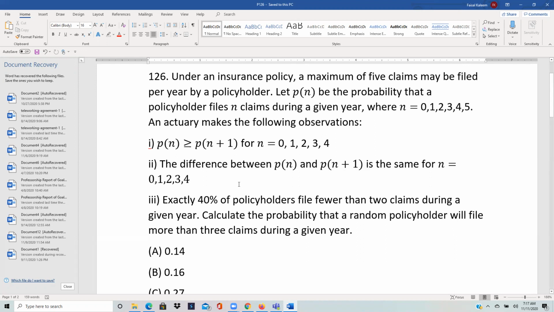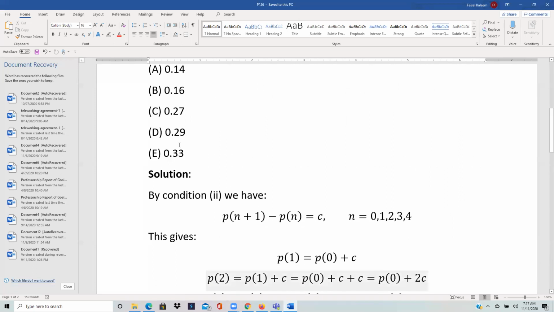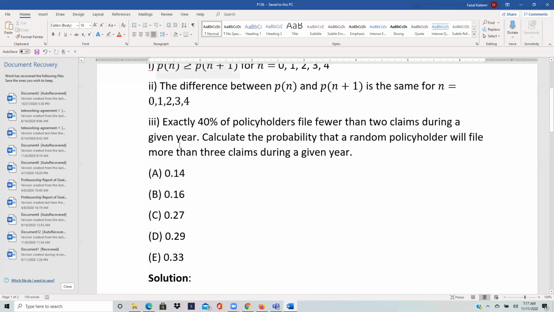Okay, so from condition 2, we have that the difference between Pn and Pn plus 1 is the same. And since condition 1 says that Pn is bigger, we will write it that way, but it doesn't matter.